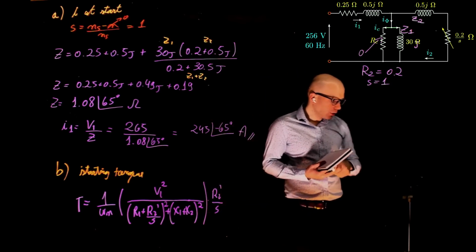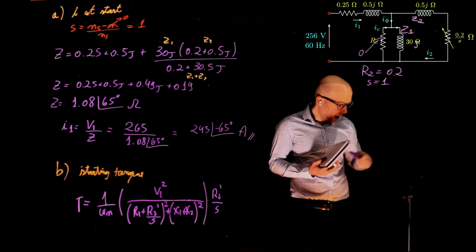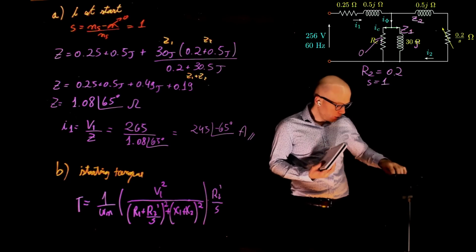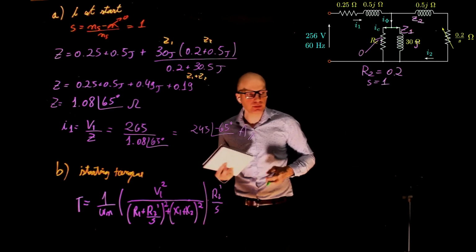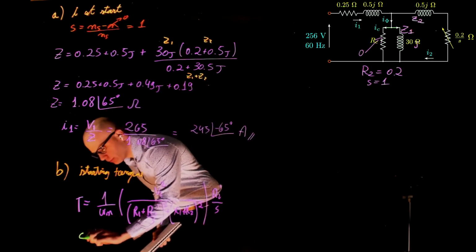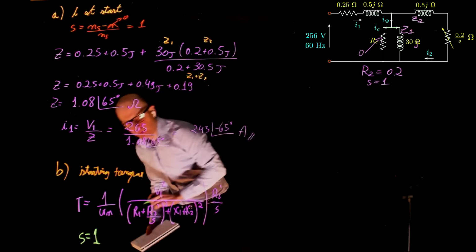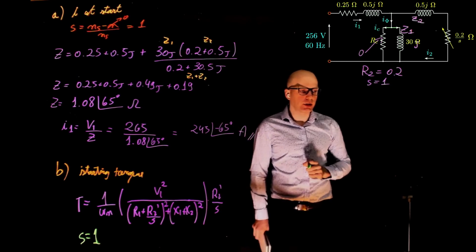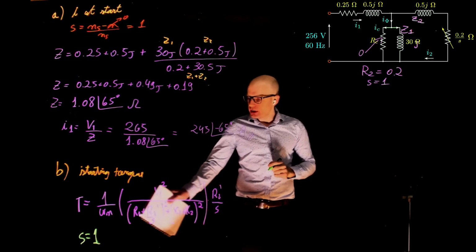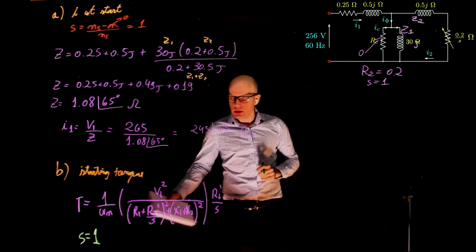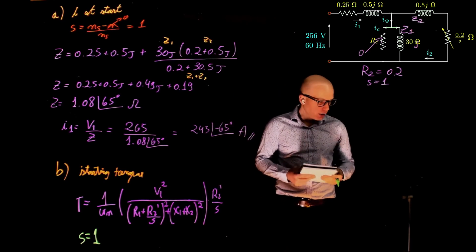Okay, so at start, what do we have? When the rotor starts, we know that this is at a slip of 0. Sorry, slip of 1, not 0. Slip of 1 at start. We have everything in this expression except the synchronous speed.